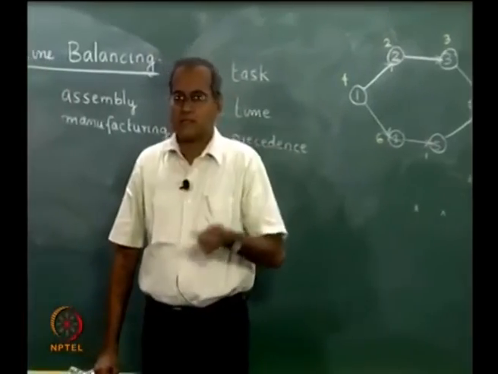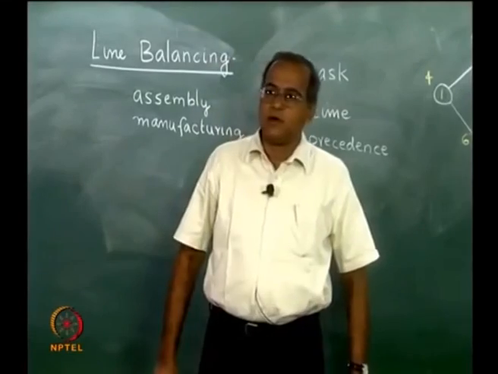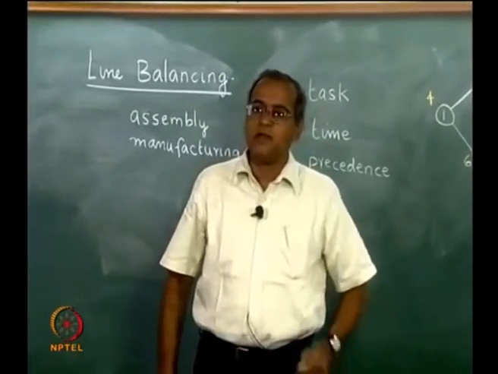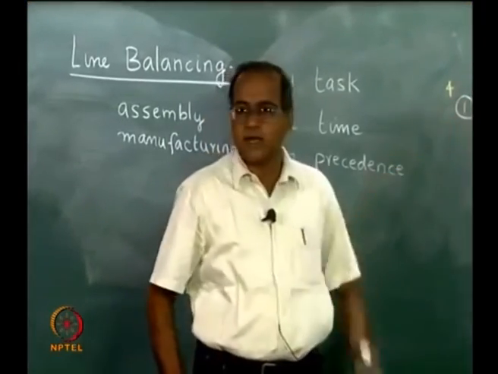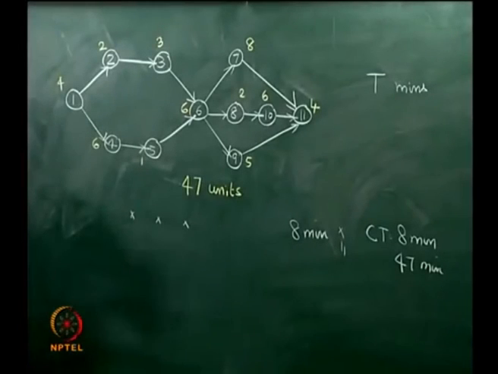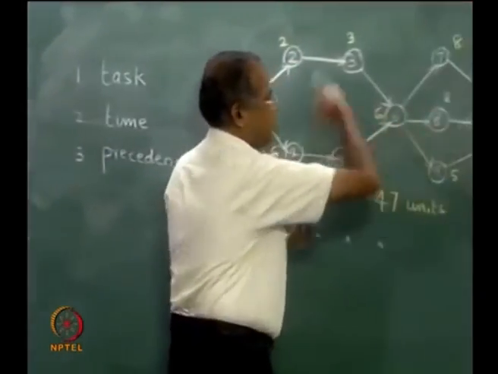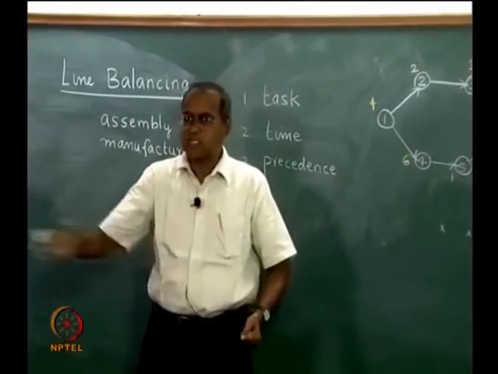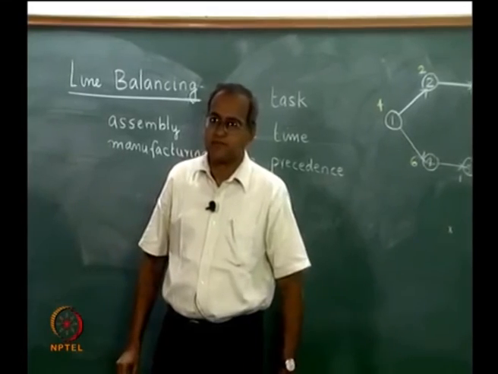What are the tasks that have to be carried out in each of these workstations, or what is the allocation of the tasks to each workstation, such that the workstation time is less than or equal to capital T, we have the minimum number of workstations required, and the precedence relationships that we have described are not violated by the unidirectional flow that we want to have amongst the workstations.